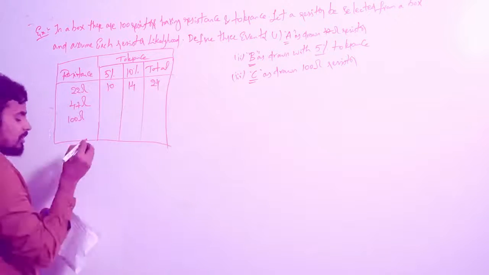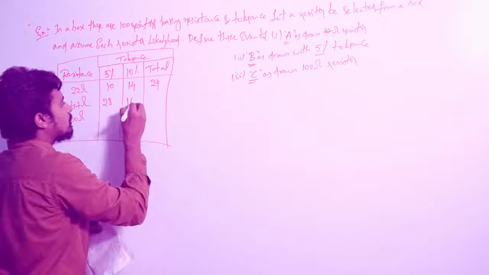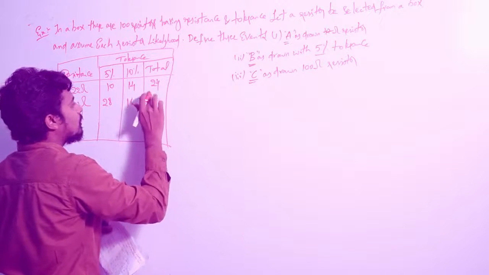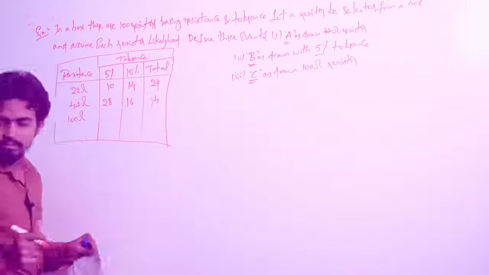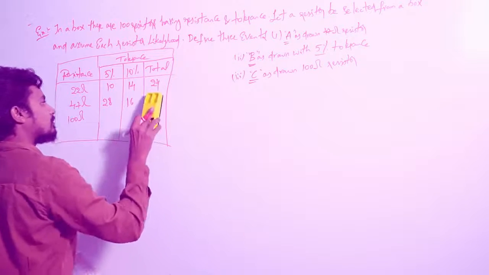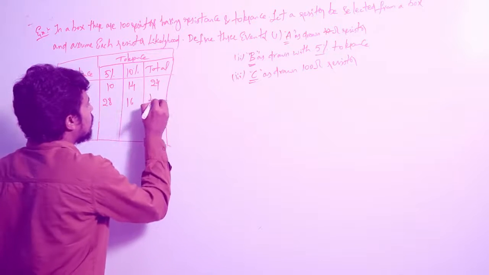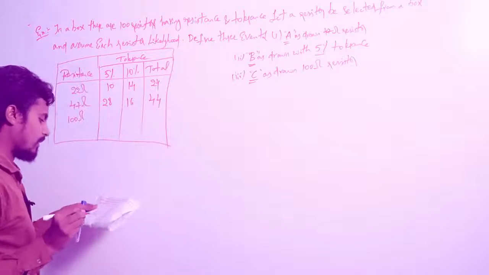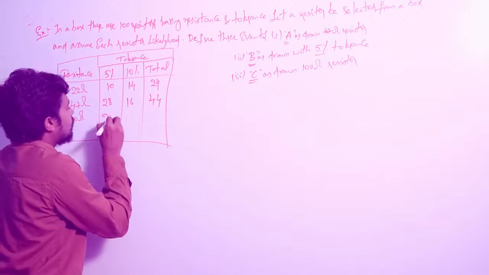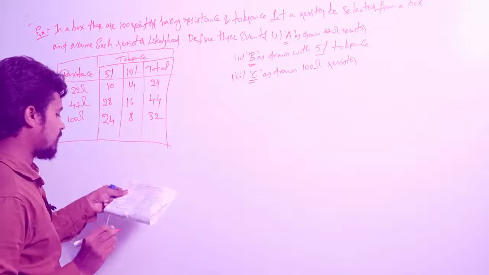For 47 ohm, they will be given 28, 16, 40, 44. Next, 24, this will be the 8, you will get the 32.